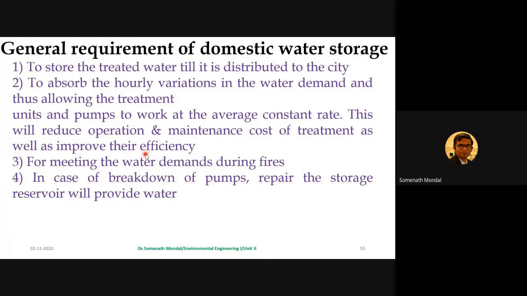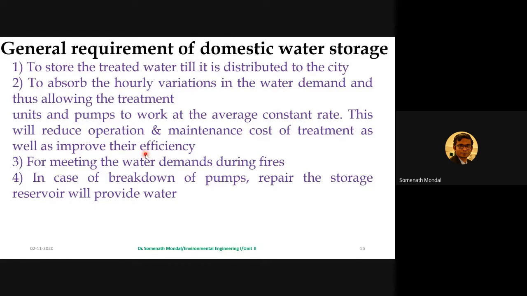And once your supply period is over, or if there is a maintenance requirement in the distribution network, during the non-serviceable hours you can get the water from the domestic water storage.